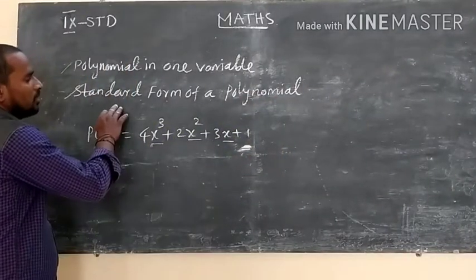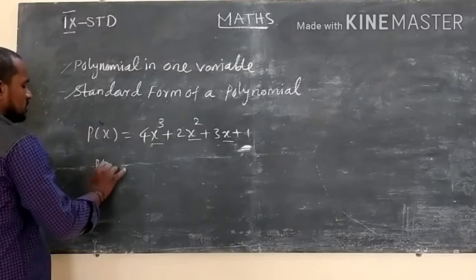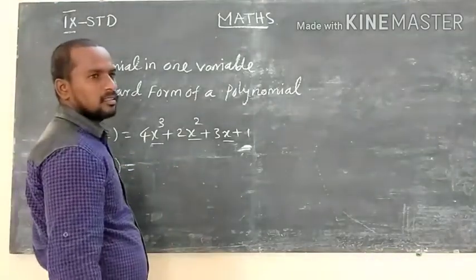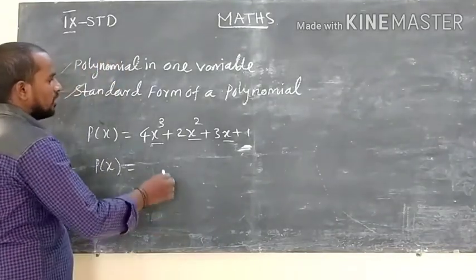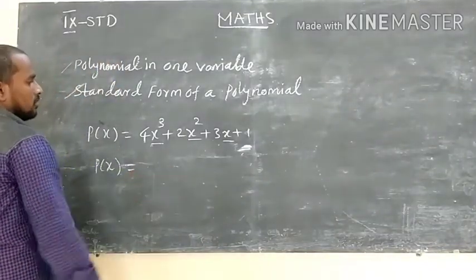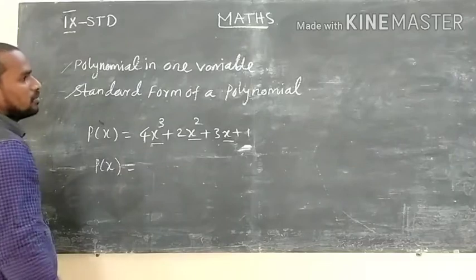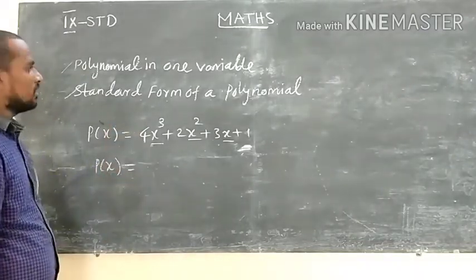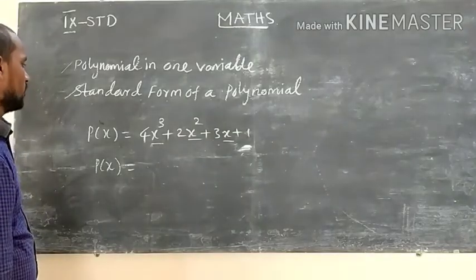We can write the polynomial p of x in descending or increasing powers, and this is called the standard form of a polynomial.